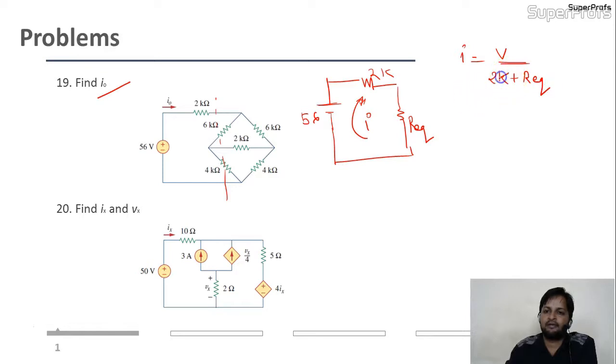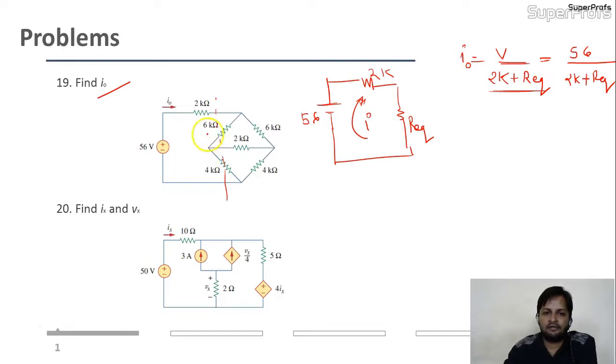They are in series, 2K and the R equivalent. So I am adding these two terms, where V is this 56, over 2K plus R equivalent, and this I is nothing but your I naught.